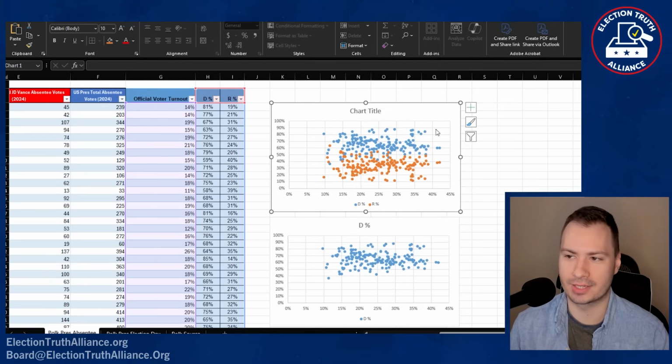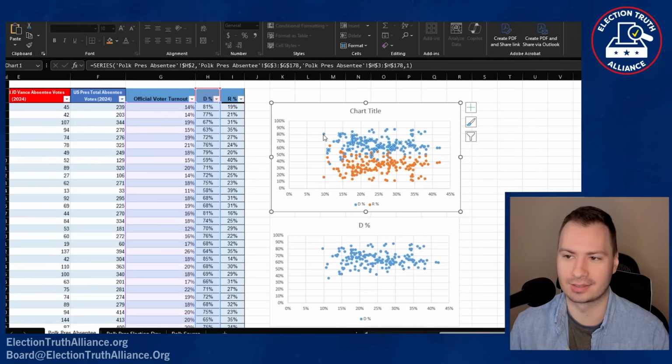You'll notice the maximum turnout is a little over 40%. This is almost half of the votes in each of these precincts. The other half is election day. And the way you read these charts, the x-axis is that turnout percent that we just graphed. And then the y-axis is the percentage of votes a candidate is getting per precinct.